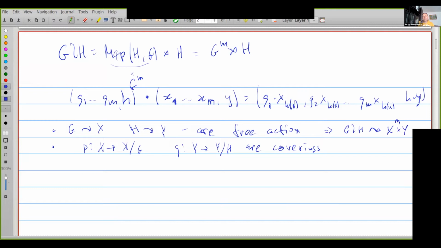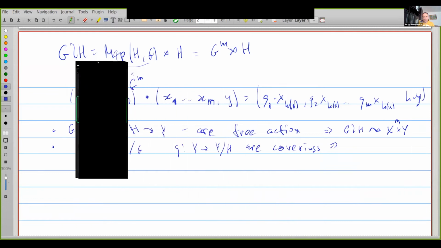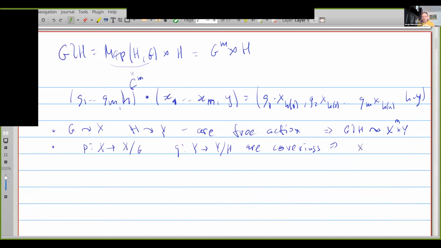So if they are free actions, then this action is also free. And similarly, if they are covering maps, then the map from X times Y to the quotient is also covering, and this is free.